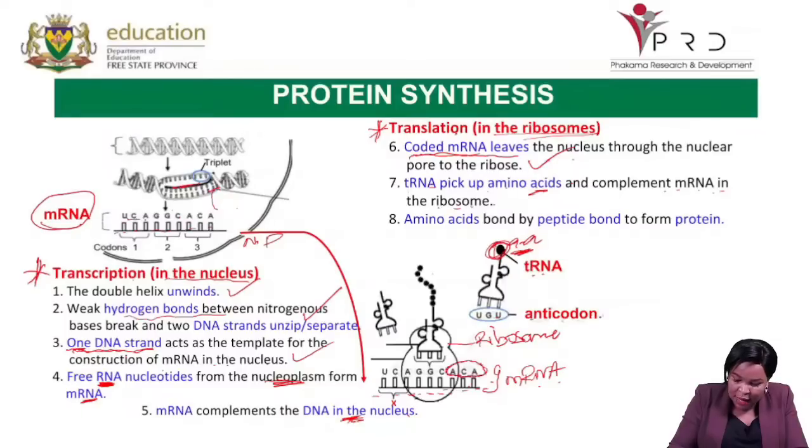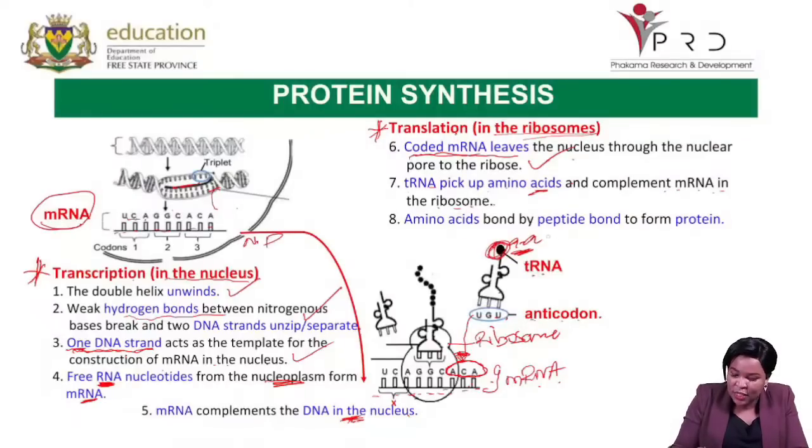And the triplets on mRNA, remember, we call them codons. So the anticodons on tRNA are going to complement the codons on mRNA to bring the required amino acids.